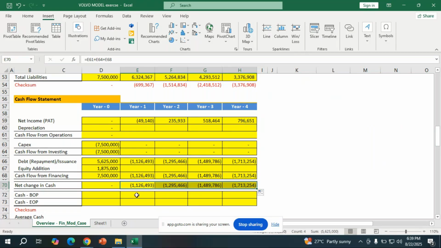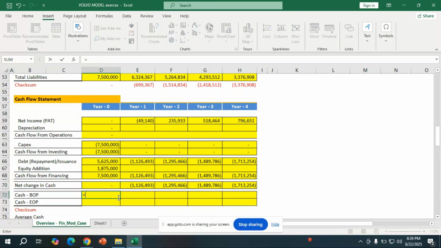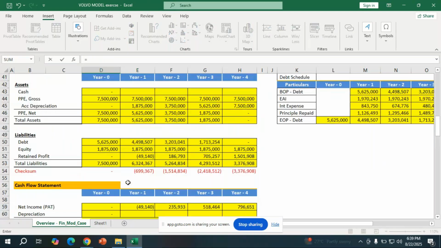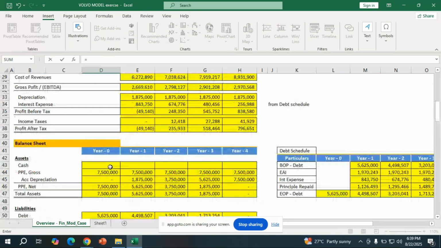Again, for this also, after you solve the net change in cash, then beginning of the period we don't have any cash balance, it is 0 only. So you can put 0 here. What's the cash balance at the beginning of the year?